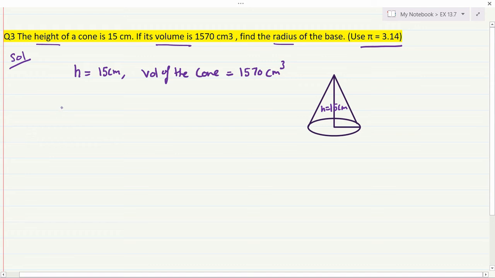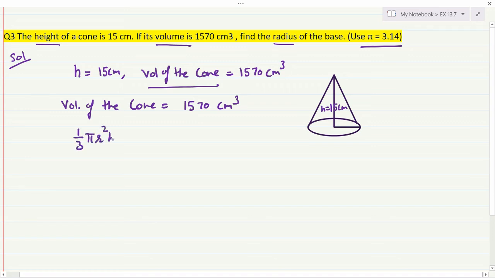Okay, now we have to use this concept of volume of a cone. First of all, we will write down the formula of volume of the cone. Volume of the cone, the value of that is 1570 centimeter cube. Formula is 1 by 3 pi r square h equal to 1570 centimeter cube.